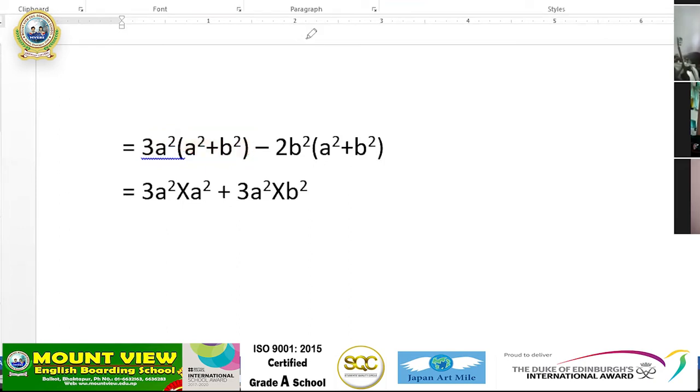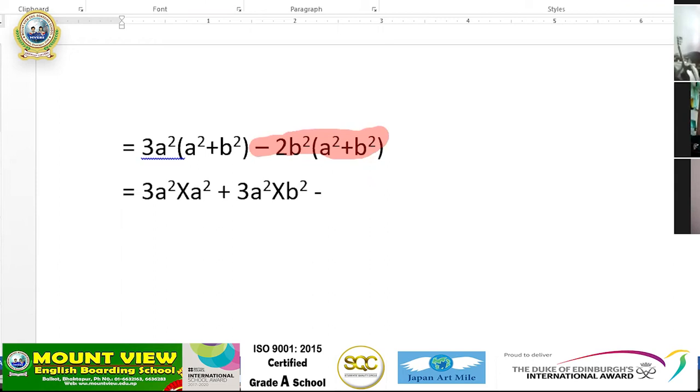अब जाउँ हामी सेकेन्डको ब्राकेटमा, which is this one. This is the second bracket here. अब यसलाई गरौँ हामी. So first of all, let us multiply the sign. Okay. So 2b square को अगाडि छ minus. A square को अगाडि छ plus. So minus and plus gives us minus.